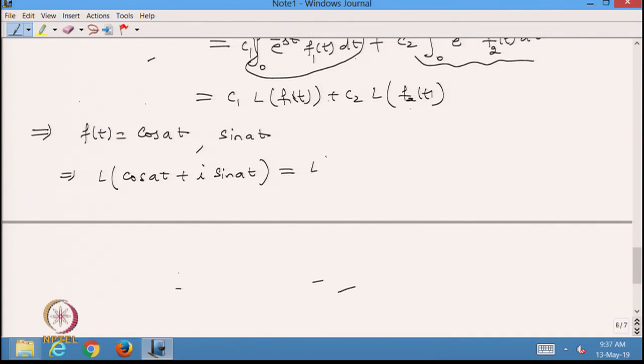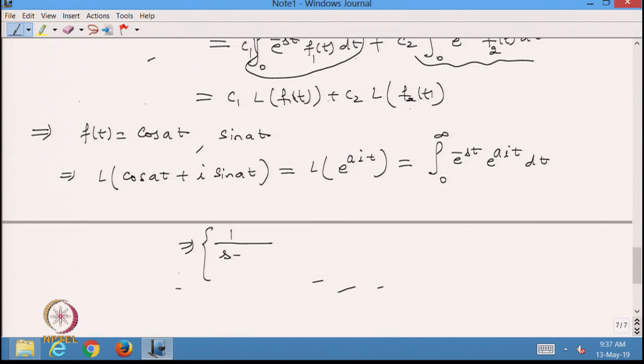From here I can define that cos at plus i sin at, I know that it can be written as e raised to power iat, this is the exponential function, and this one I can write as the integral from 0 to infinity of e raised to power minus st times e raised to power iat dt, and I know that the Laplace transformation of an exponential function is equal to, so this I already know, 1 over s minus ai when s is greater than ai.